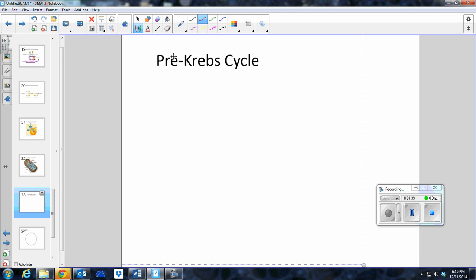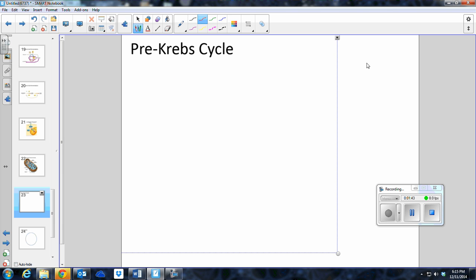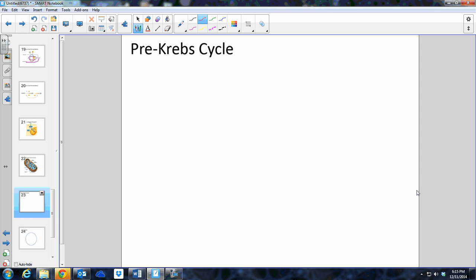I have labeled part of this the pre-Krebs cycle, only because there is something that has to occur in order to have a molecule to get into the Krebs cycle, but we'll still consider this part of the overall Krebs cycle. And again, we're starting with our molecule pyruvate.